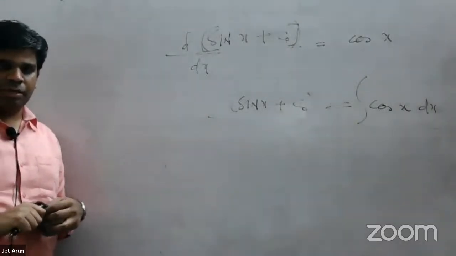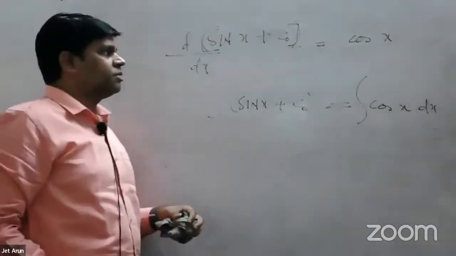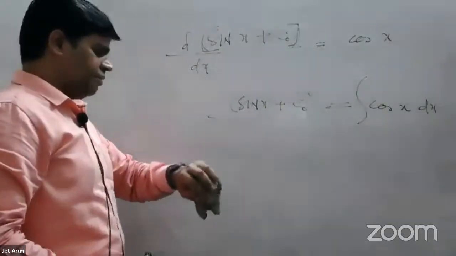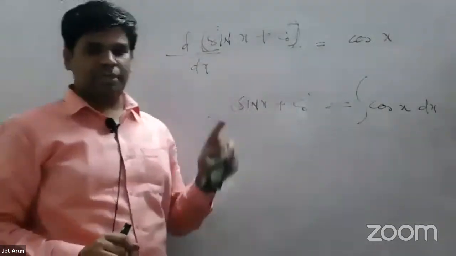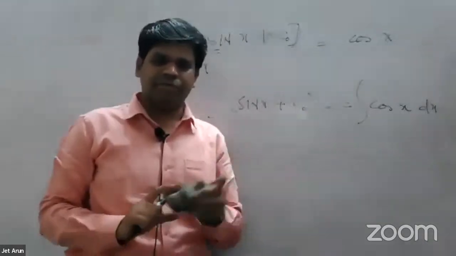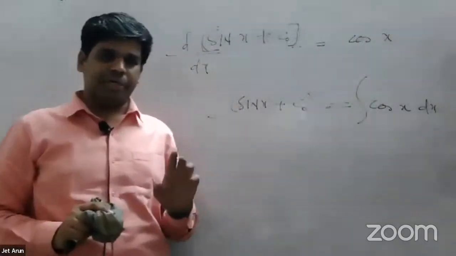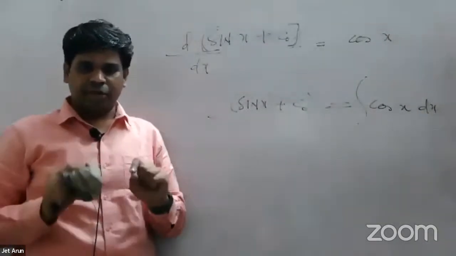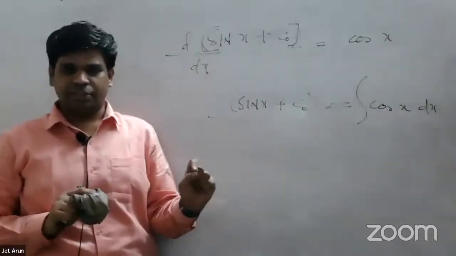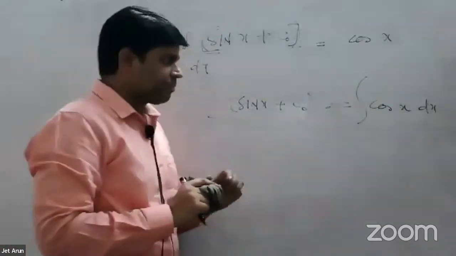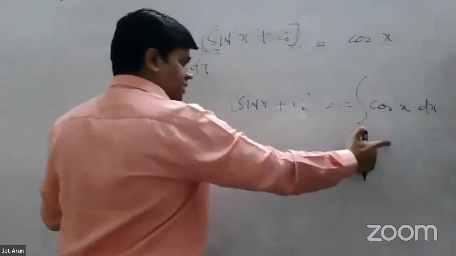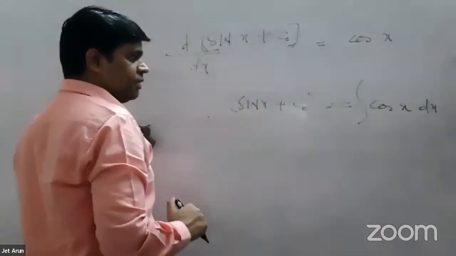Anyways, derivation of this integral is not important now. We'll do it when required. Right now, we are just trying to operate on functions. So integral of cos x is sin x plus c.